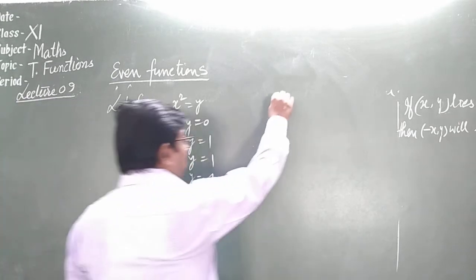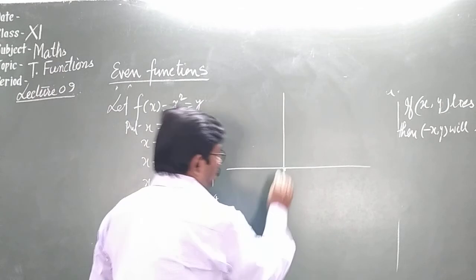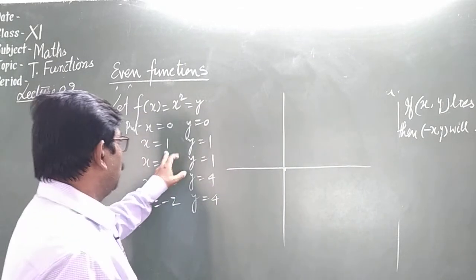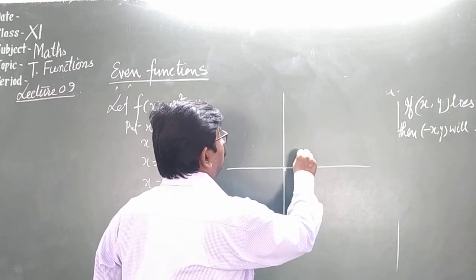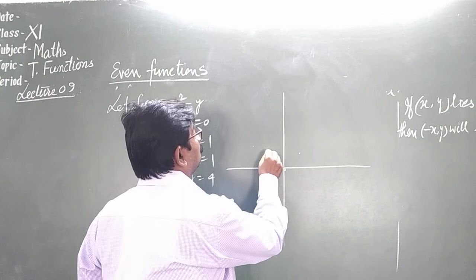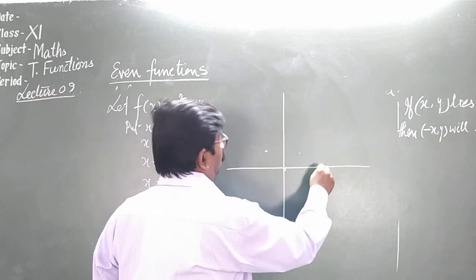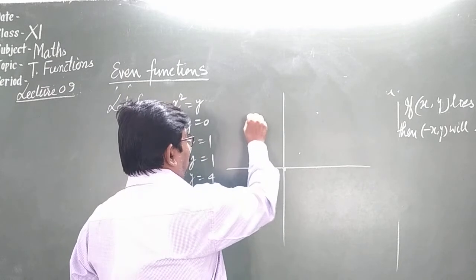When you plot the graph of this function, we get 0, 0, then 1, 1, then -1, 1, then 2, 4, and -2, 4.